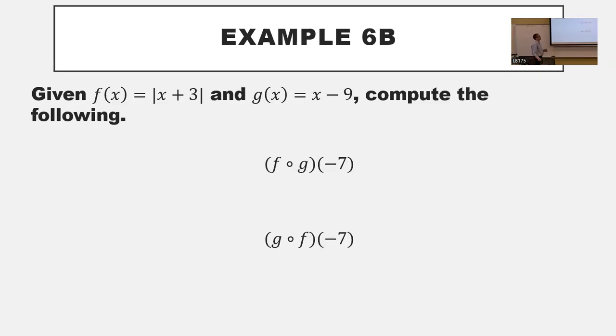And then let's plug in a -7 as well. All right. This one should go a little bit quicker than the last one because we don't have to square a polynomial, if that makes sense. So I want you to compose in both directions and then plug in a -7 in the general and the specific. Okay. Go ahead and try that on your own. Take a few minutes.